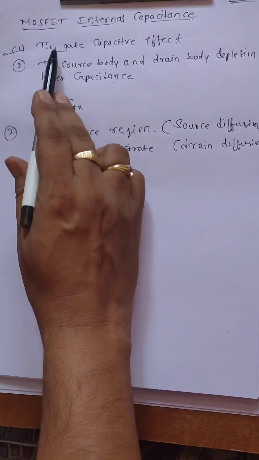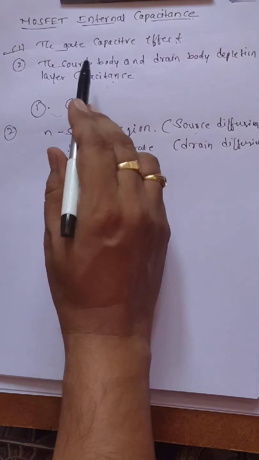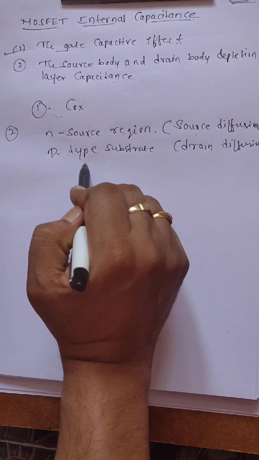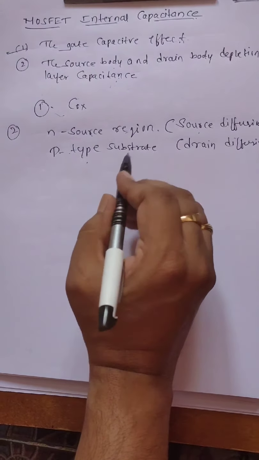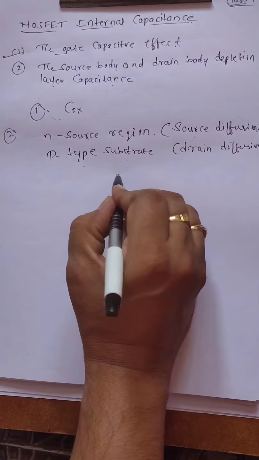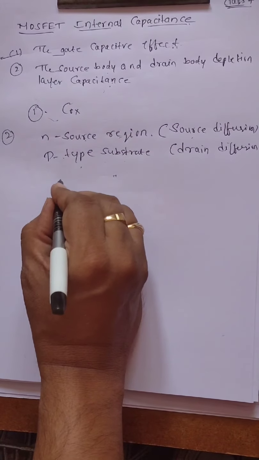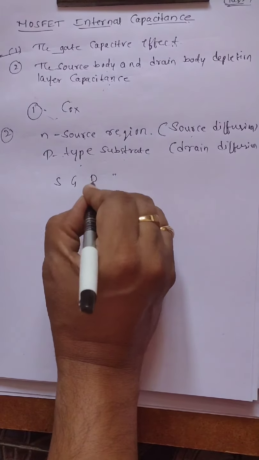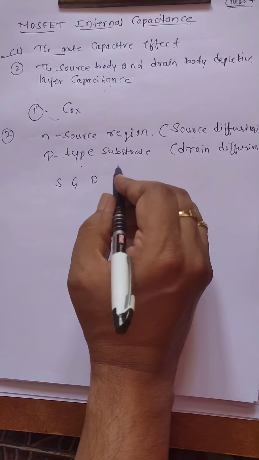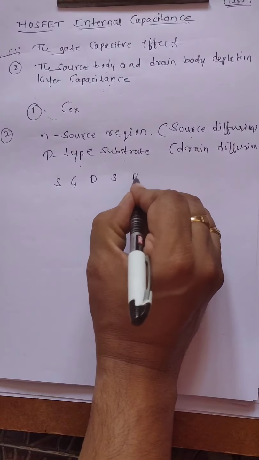So these two capacitive effects can be modeled by including capacitances in the MOSFET model between its four terminals, that is source, gate, drain and substrate or body.